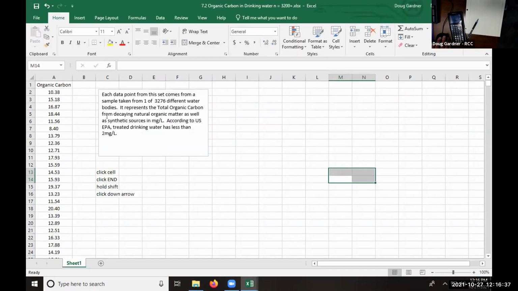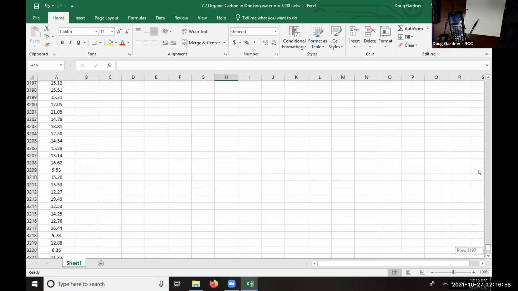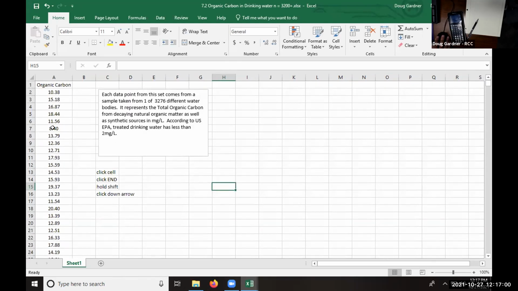I got this data from the other teacher at the other campus. I don't know where this nerd found this, but there are 3,276 different data points in this list. Notice 1, 2, 3, 4, 5. If I go all the way down to the bottom, notice 3,272. There's a lot of data here, and it's totally scattered randomly. Can you tell it's not in order just by looking at what you can see?